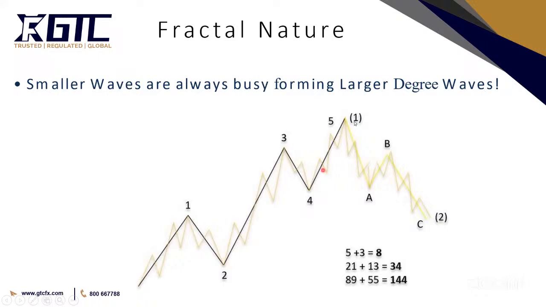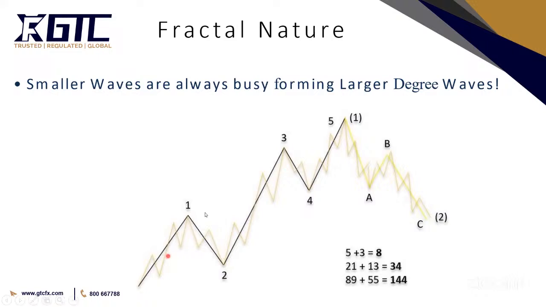You see, bracket 1 is made up of 5 waves. 1, 2, 3, 4, and 5. Now, 1 is again made up of 5 waves. 1, 2, 3, 4, and 5. 2 is again made up of 3 waves, A, B, and C. Each 1, 3, and 5 subdivides into 5 waves, and each 2 and 4 subdivides into 3 waves.